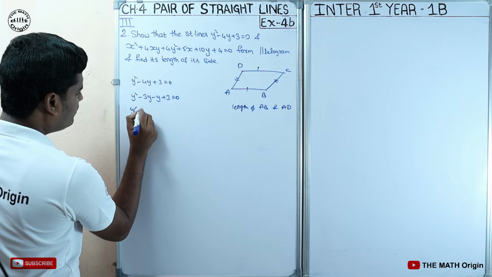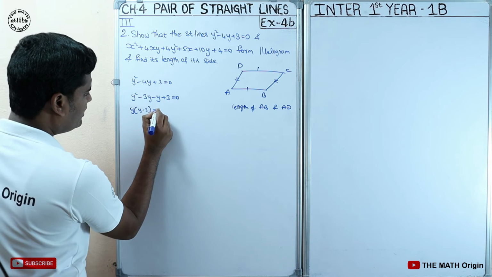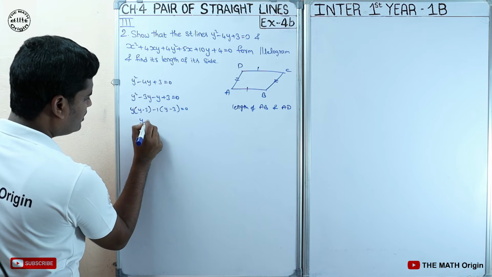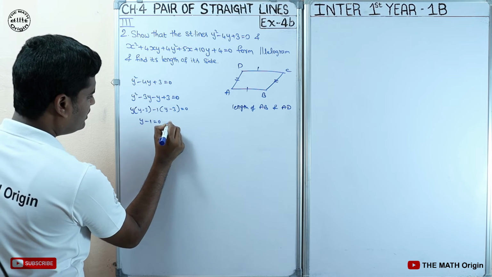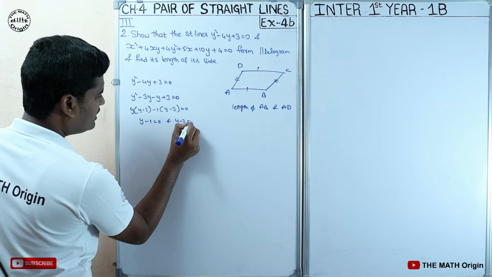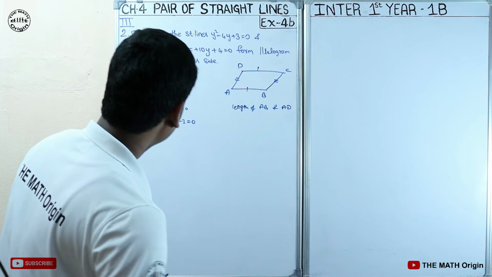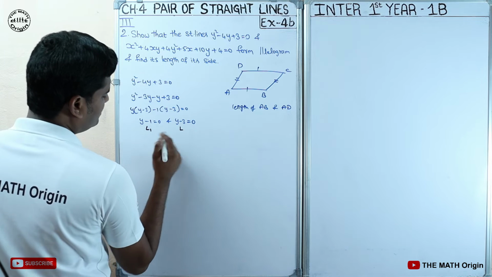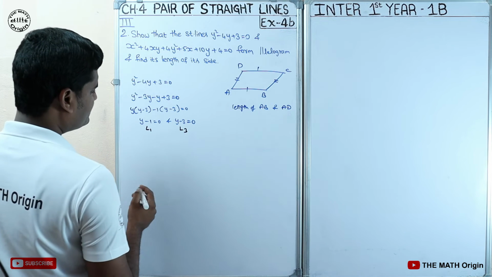So from this y minus 3 I will take common, and from this minus 1 I will take common: y minus 1 equals 0 and y minus 3 equals 0. These are line 1 and line 3.